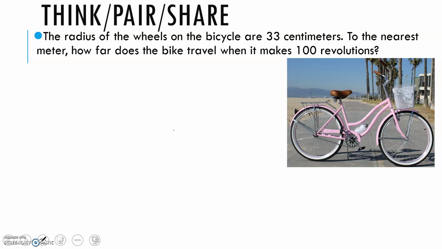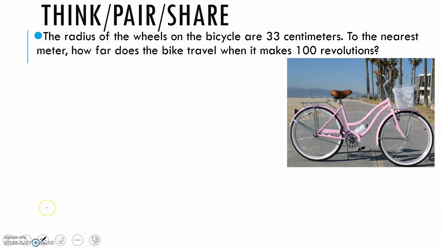All right, so please pause the slide and give this problem a try and check back once you're finished. All right, so the radius of the wheels on this bicycle is 33 centimeters. To the nearest meter, how far does the bike travel when it makes 100 revolutions?